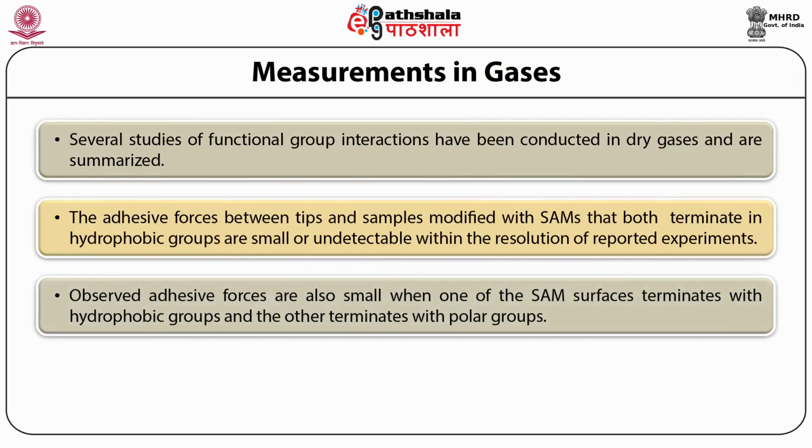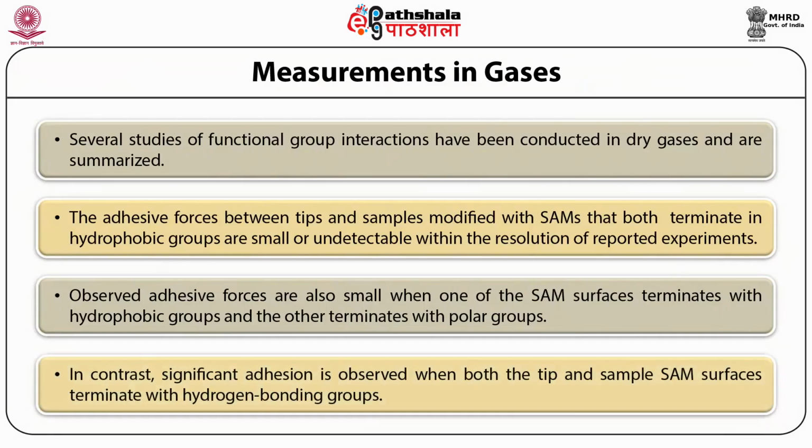Observed adhesive forces are also small when one of the SAM surfaces terminates with hydrophobic groups and the other terminates with polar groups. In contrast, significant adhesion is observed when both the tip and the sample SAM surfaces terminate with hydrogen bonding groups.